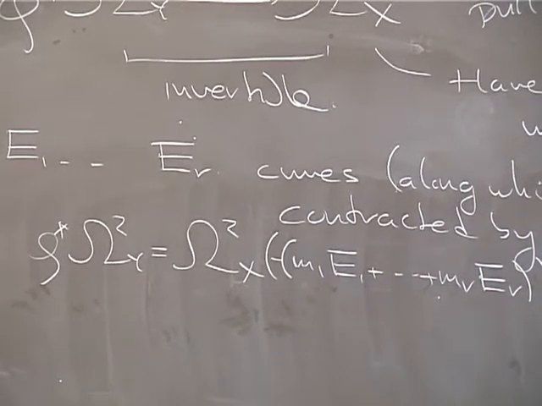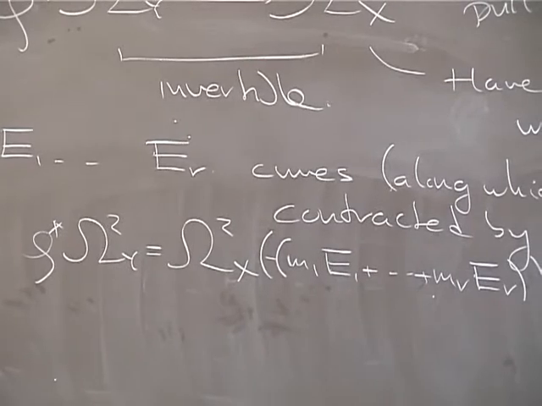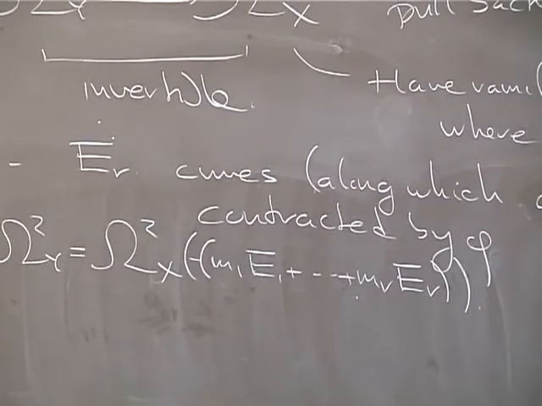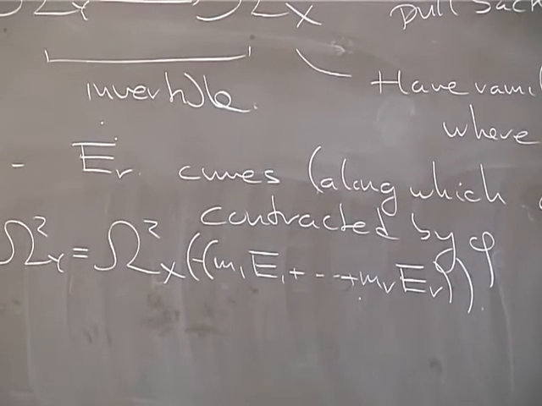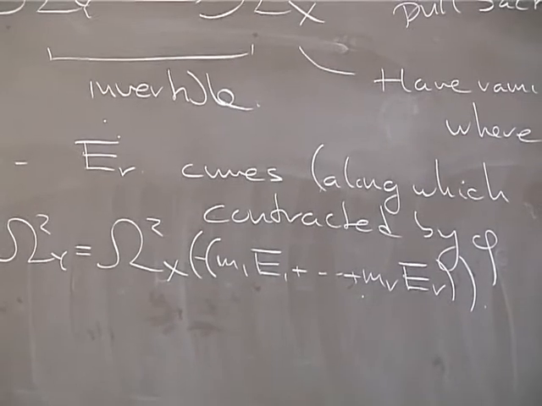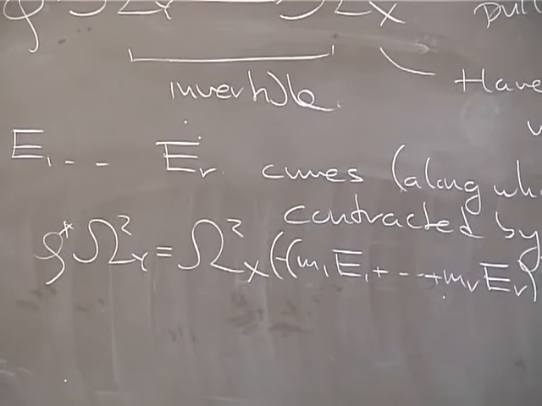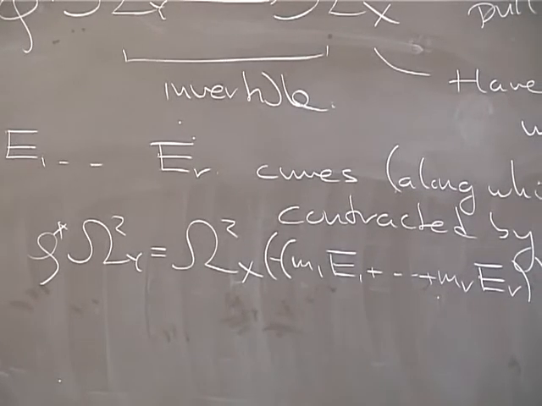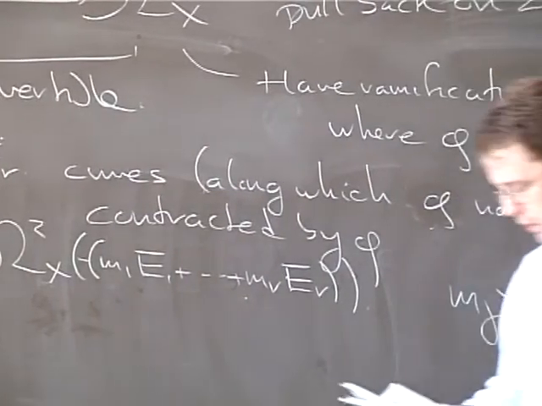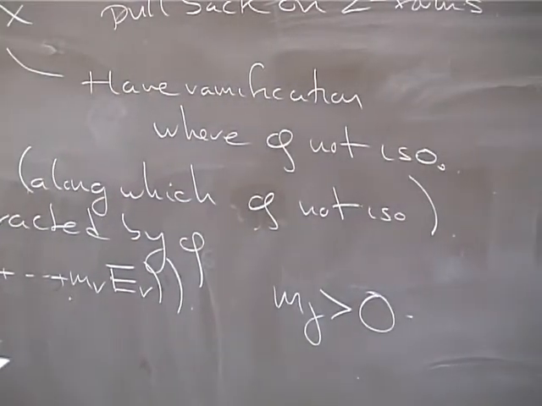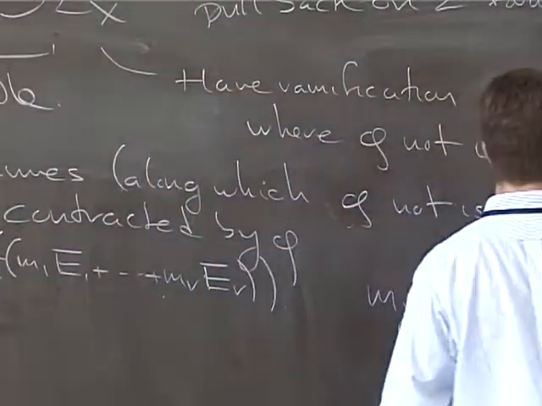The reason they have to be positive is that if it's not positive, then the map is unramified along that curve. It really can't contract it, unless some derivative is vanishing. So I'm going to call these the phi-exceptional curves.